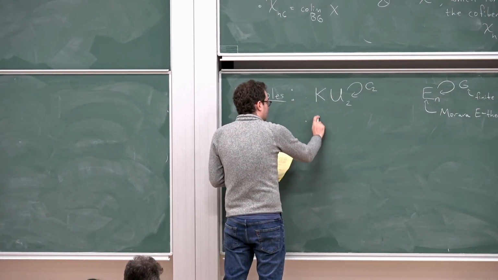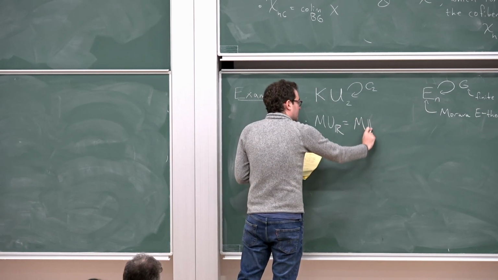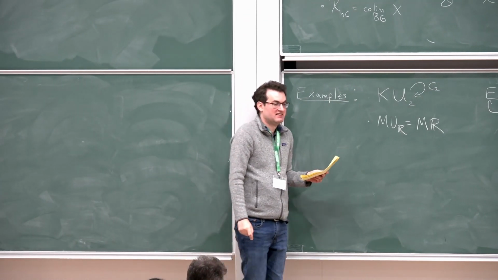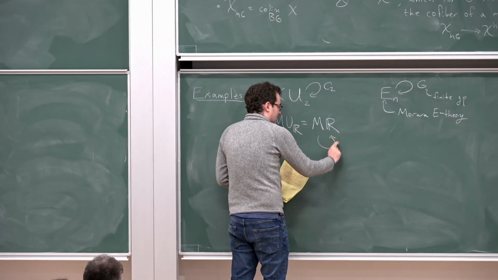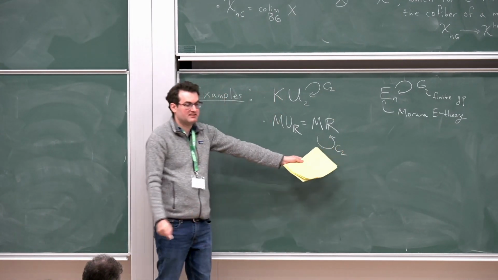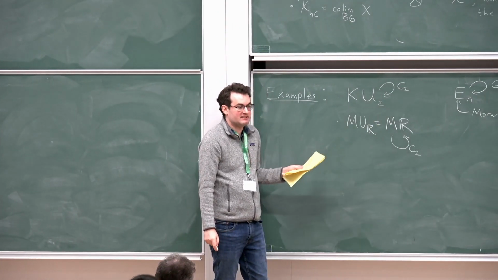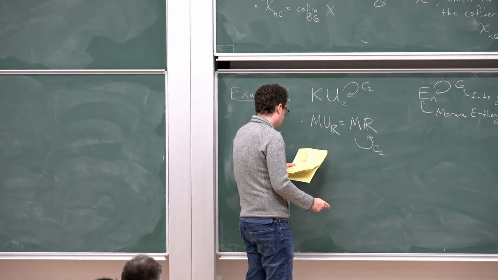At some point I also learned about MUR, which is this thing that Marcus wrote as MR and said he would not talk about. But this has a C2 action on it that comes from complex conjugation of complex manifolds. So it's compatible with, say, the C2 action on KU. It also has to do with complex conjugation.